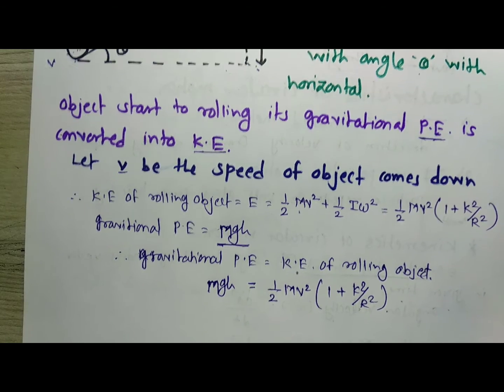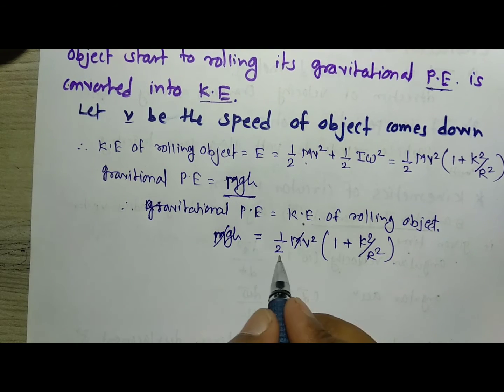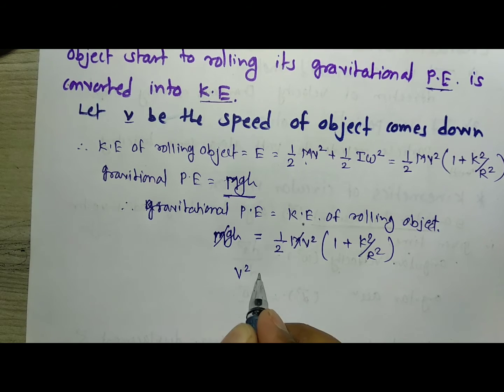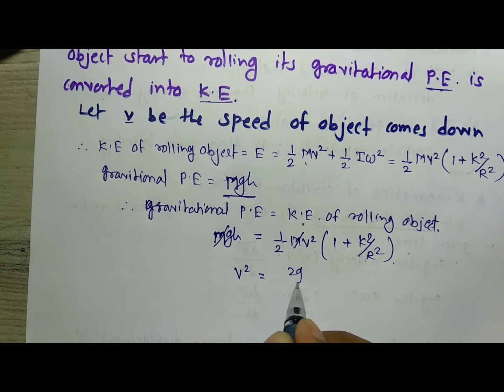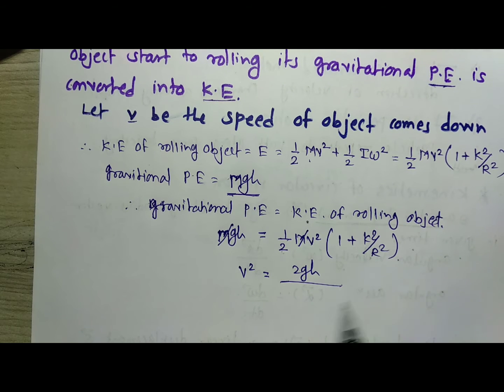Now we cancel out this m, and the 2 is transferred here. You will get v square is equal to 2gh divided by the bracket 1 plus k square divided by r square.